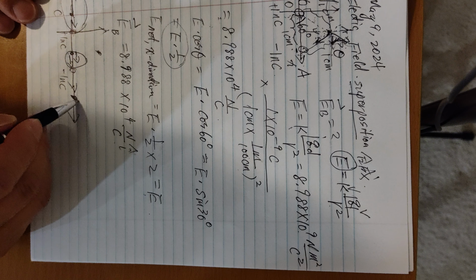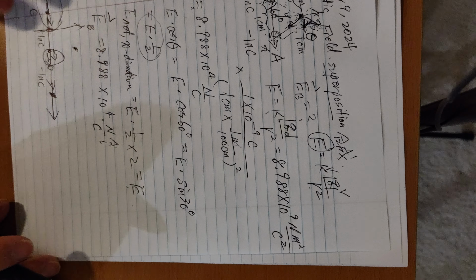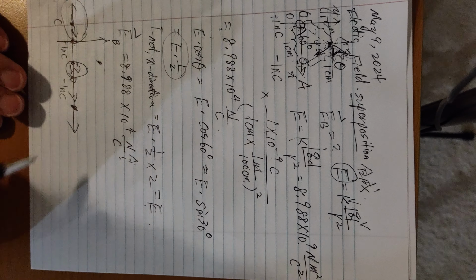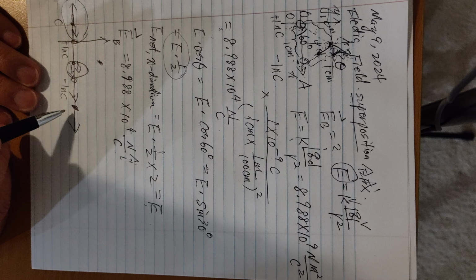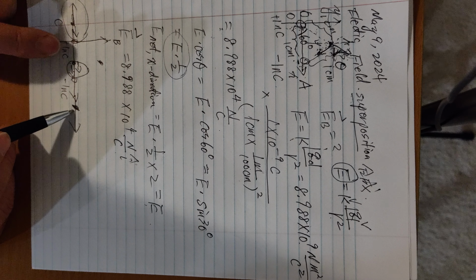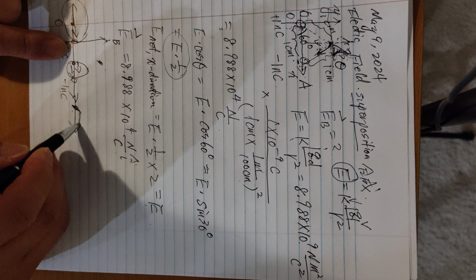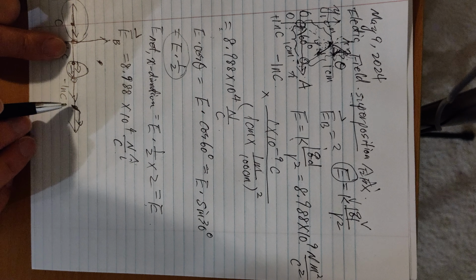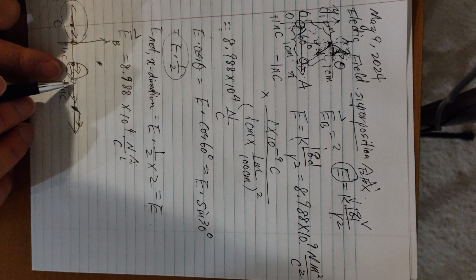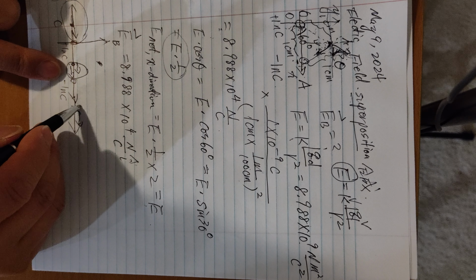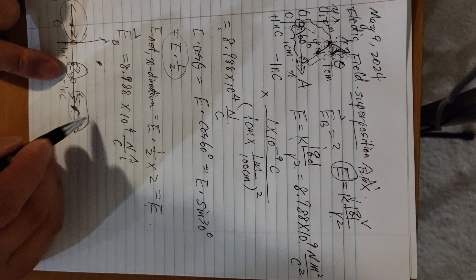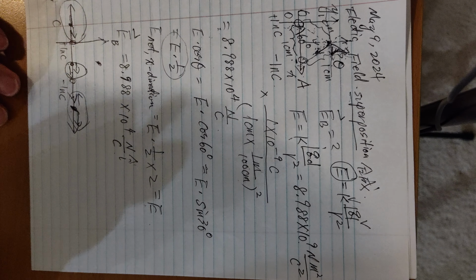If the point is right here, then the electric field due to the positive charge will go in that direction, and the electric field due to this negative charge will go in that direction. So it's going to be a superposition of those two.